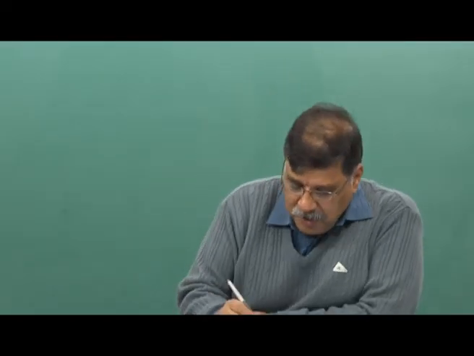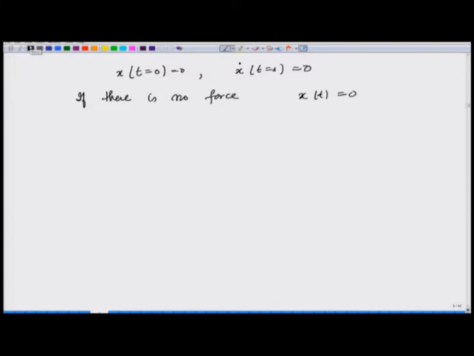But if there is a force F equals F cosine omega t, then my solution x(t) is a cosine of omega 0 t plus b sine of omega 0 t plus F over m times (omega 0 square minus omega square) cosine of omega t.